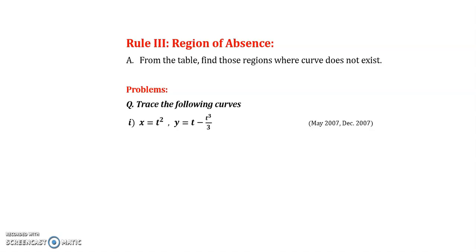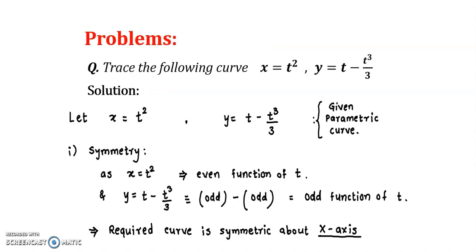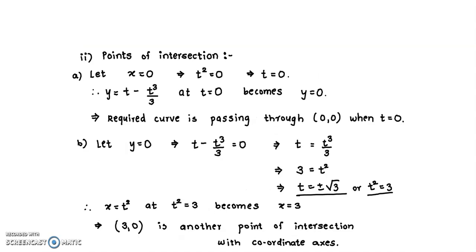Let's consider one example. We go for example number 1. Trace the following curve: x equal to t square, y is equal to t minus t cube by 3. We check for symmetry. As x is equal to t square, an even function of t, and y is an odd function of t, the required curve will be symmetric about the x-axis.